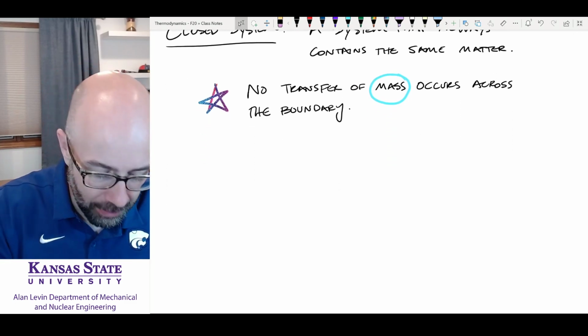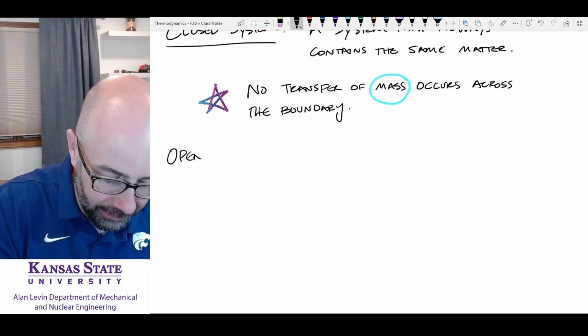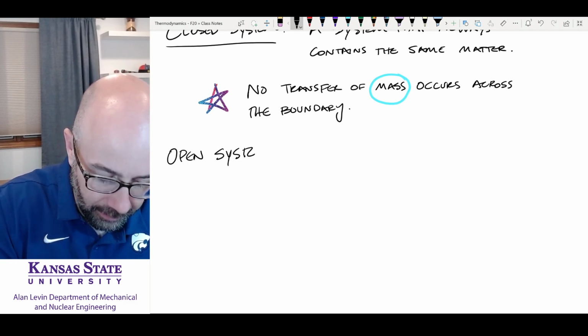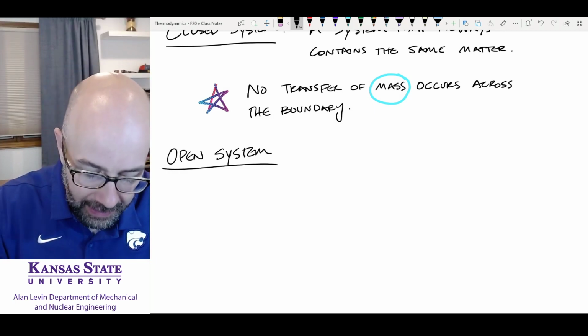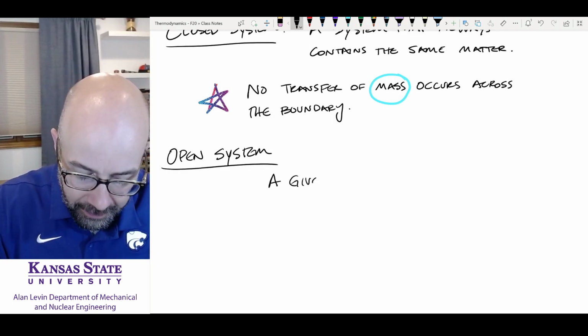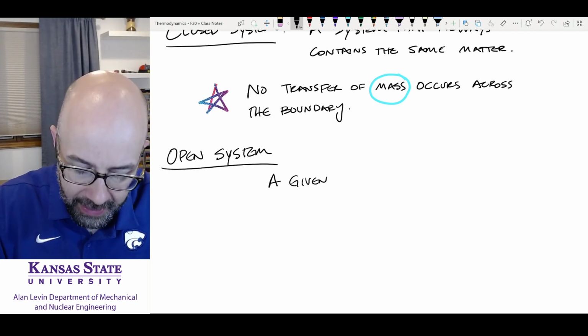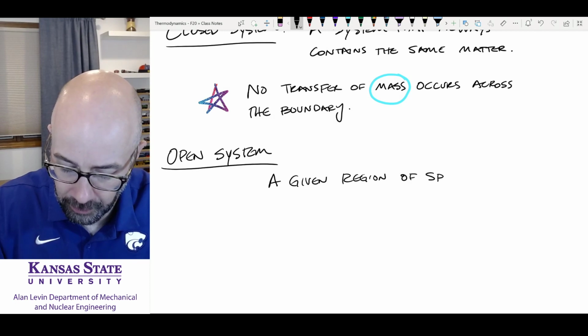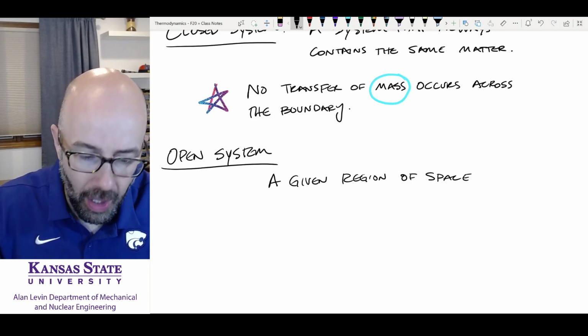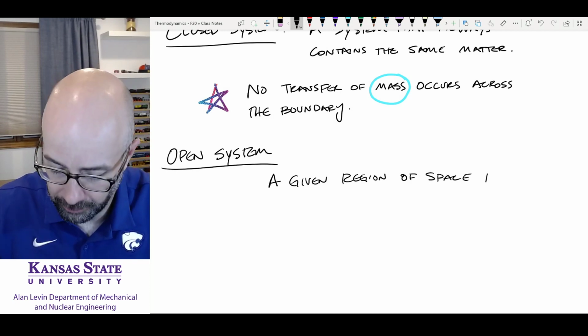The other type of system we're going to deal with is an open system, of course. Okay, an open system. And this is a given region of space through which mass can flow.